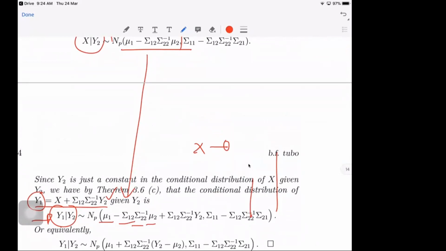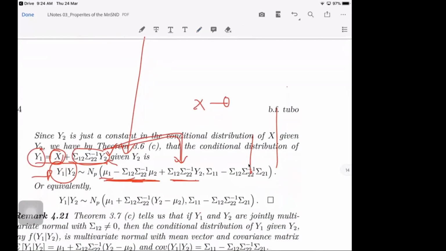And then, so mao man na sa x, no? Muna pang x. And then you have this part. So what will be that part? That is a constant with respect to x. So y2, constant lang ni siya. So you write it back here.